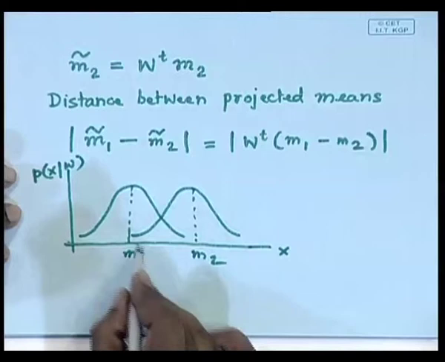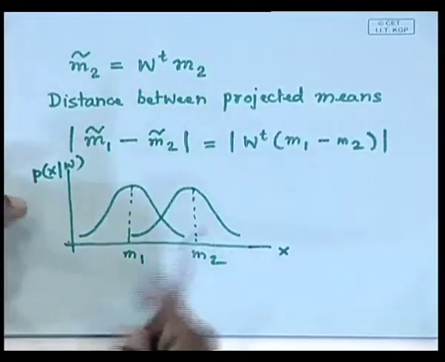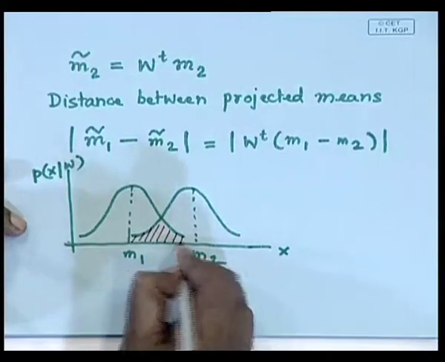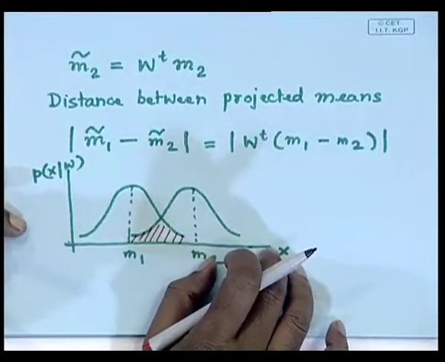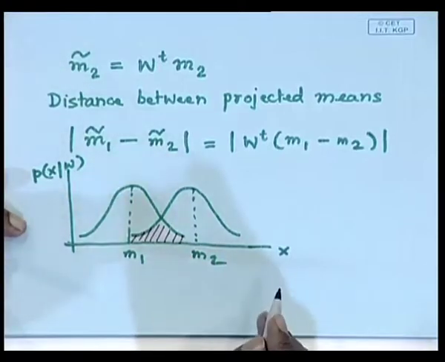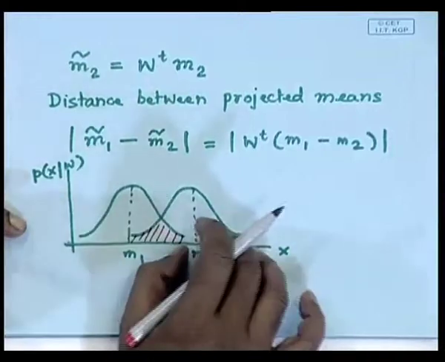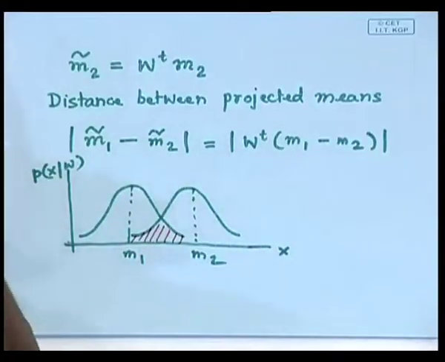We said the error of classification is the area bounded between these two probability density curves, which is this shaded portion. Now, if the variance of the data distribution is quite large, that means I have variance something like this.